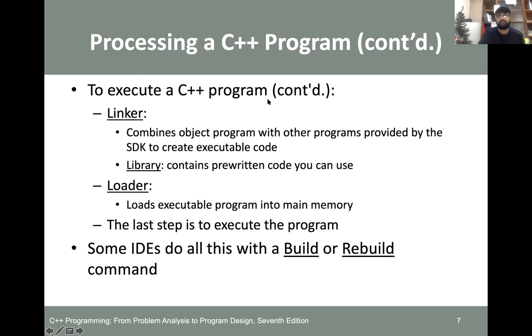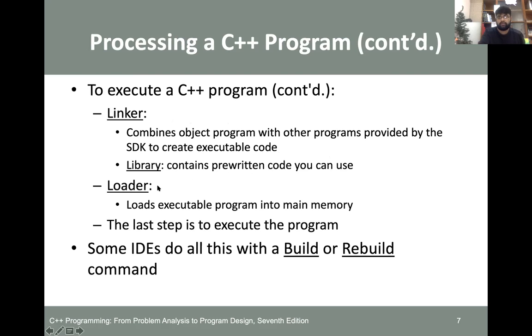To execute a C++ program, you also need a linker. A linker is something that combines your object program with other programs provided by the standard developer kit to create executable code. Your program is linked with the library files, where the library files are pre-written code which we can use. For example, in this case, iostream was a pre-written library from which we use the cout code to do something.